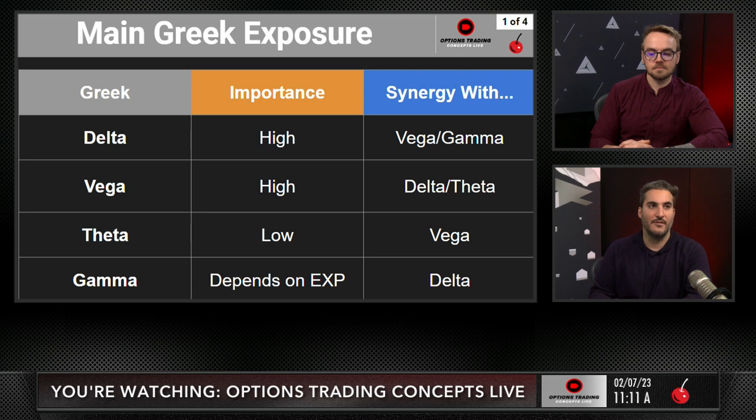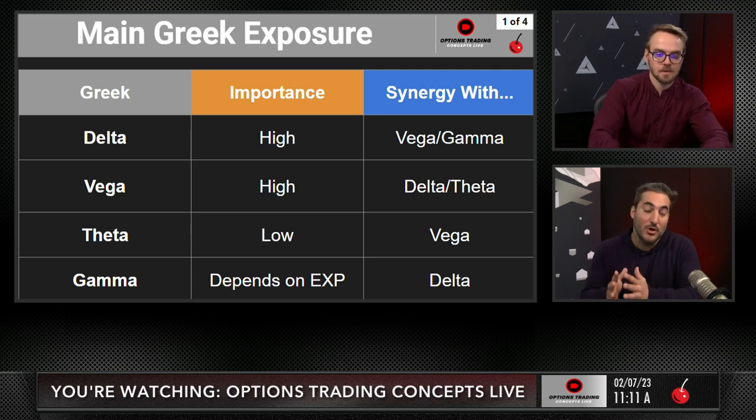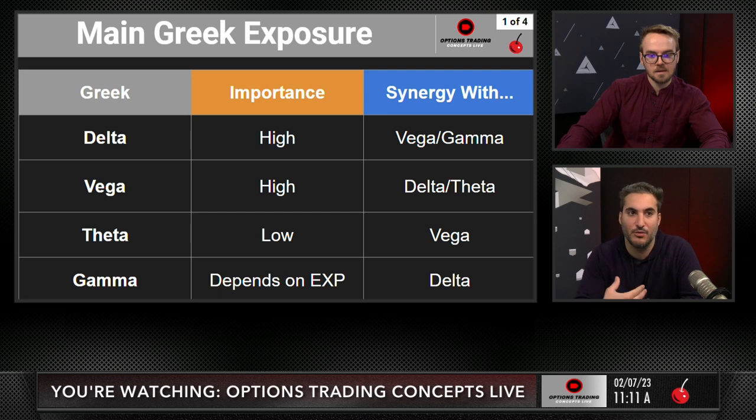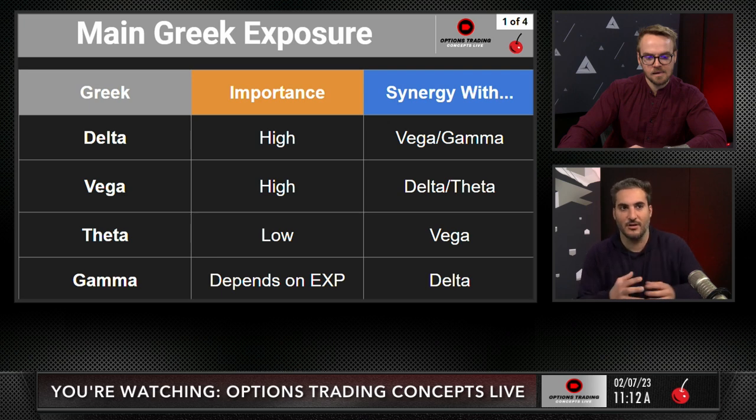So, of course, a recap of what Greeks affect the others the most. When you're looking at delta, delta and vega are our highest priority. Vega and theta become less of a priority with shorter duration options because you're more dependent on the price of the underlying. You're going to be much closer to the current price of whatever you're trading.